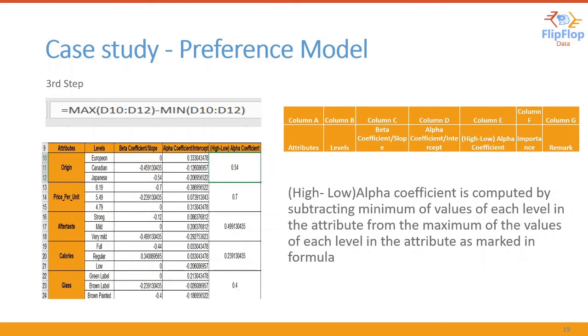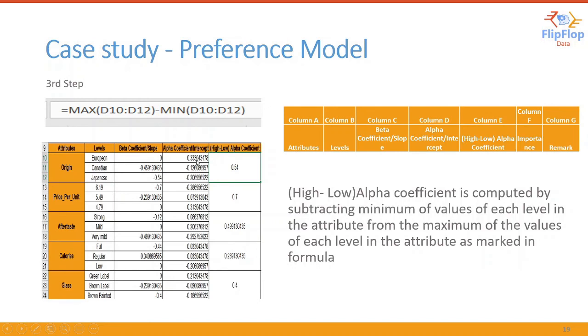So let me explain this. Here again, what I have done is considering the attribute as origin, within those three levels I have tried to find out which is the maximum value. So the maximum value is the first one, 0.33304, whatever. This is my maximum value.